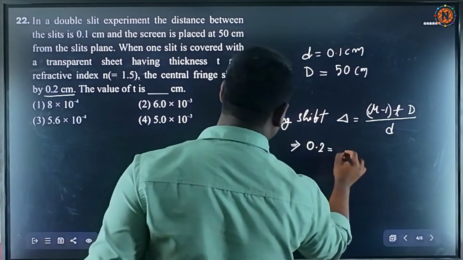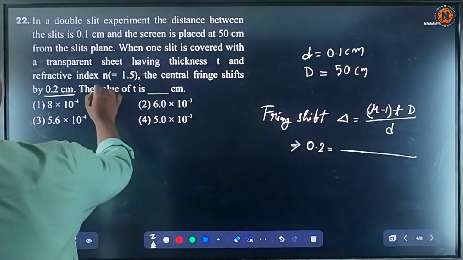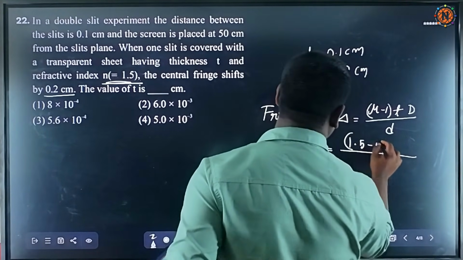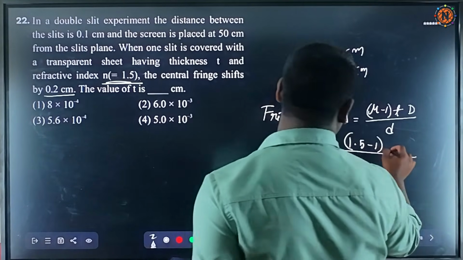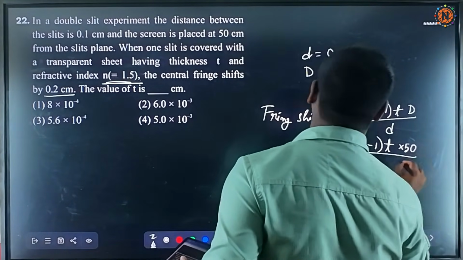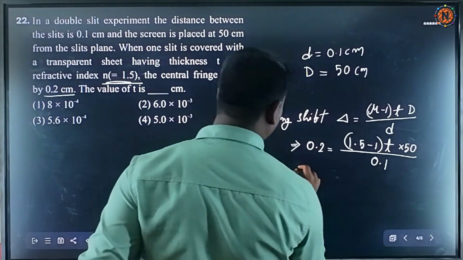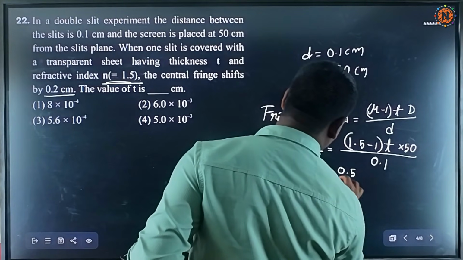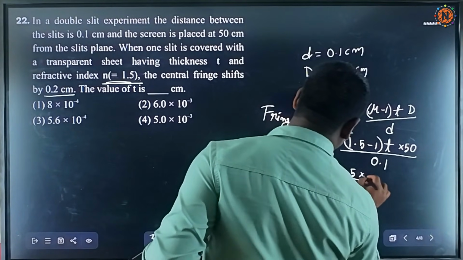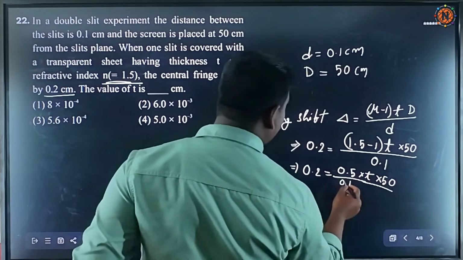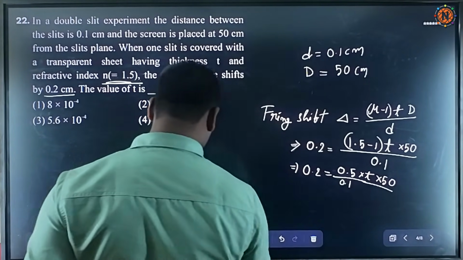Next, mu means refractive index. Here mu is given as 1.5, so that will be 1.5 minus 1, and this thickness t. Capital D is 50 centimeter, and small d is 0.1 centimeter. Just solve it: 0.2 equals 0.5 divided by 0.1, and this is t into 50. Now this will be what?